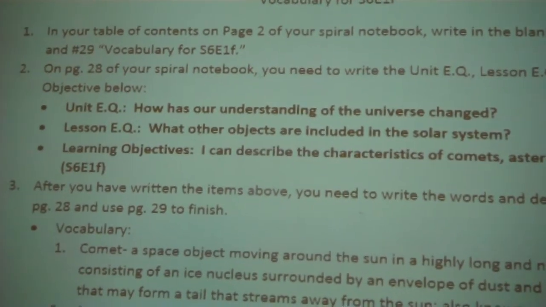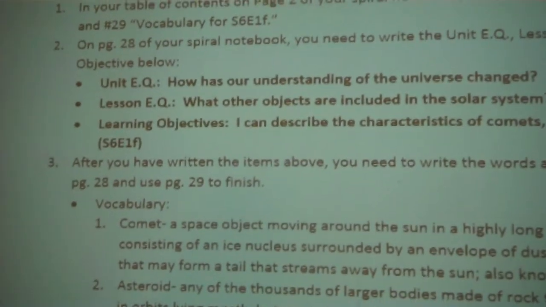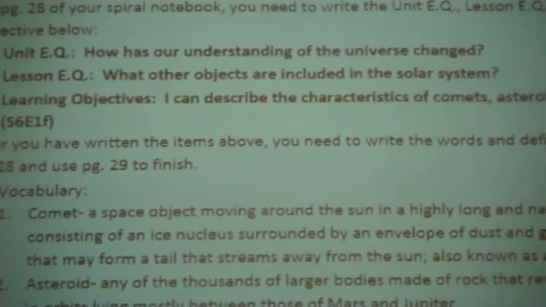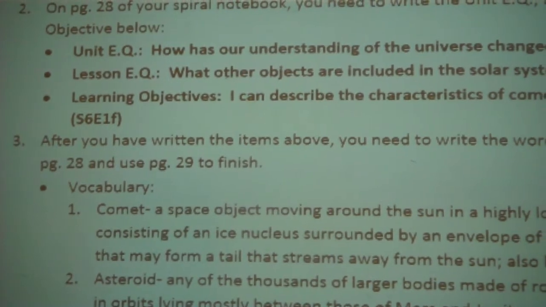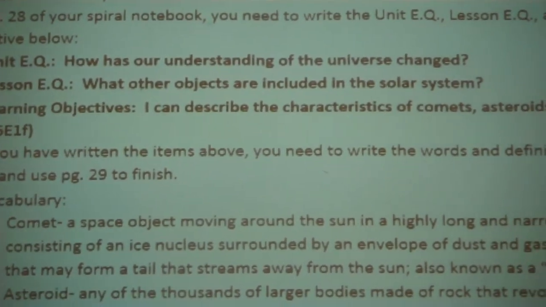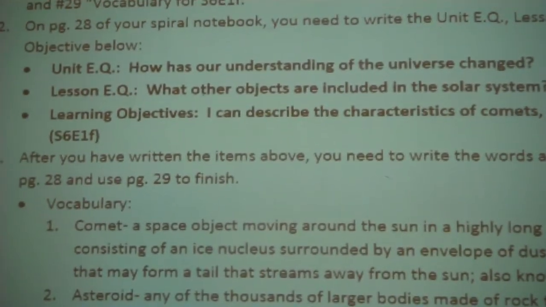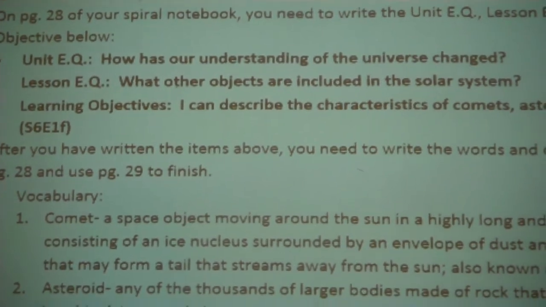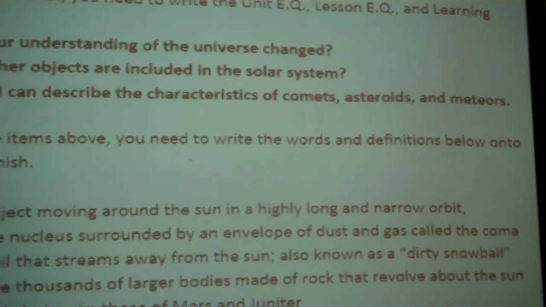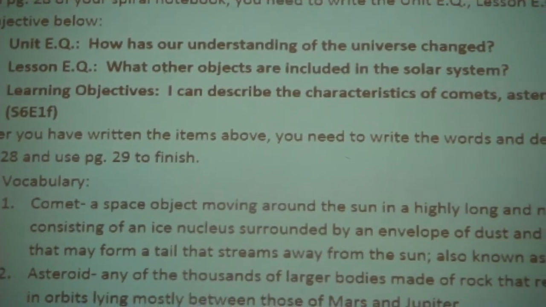So there are only 6 vocabulary words for comets, asteroids, and meteors. So number 1, the comet, this is going to be the longest definition that we have to do. A comet is a space object moving around the sun in a highly long and narrow orbit consisting of an ice nucleus surrounded by an envelope of dust and gas called the coma that may form a tail that streams away from the sun.